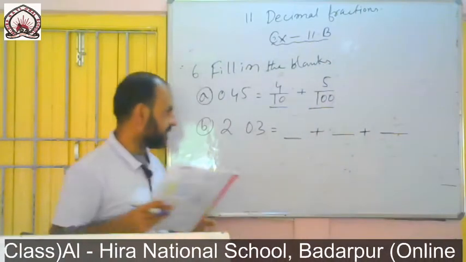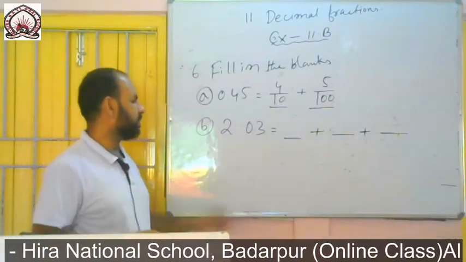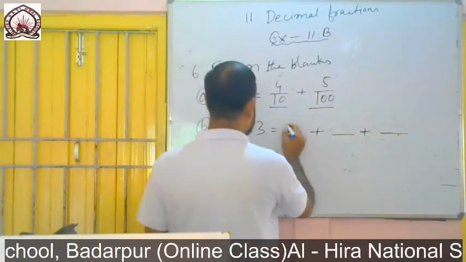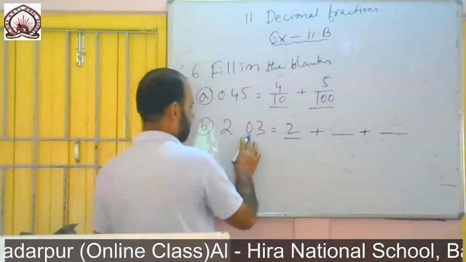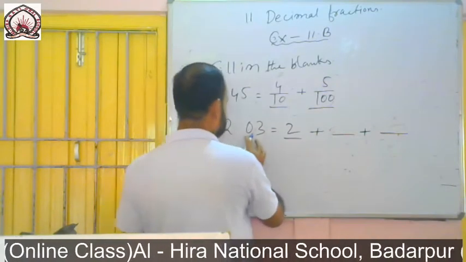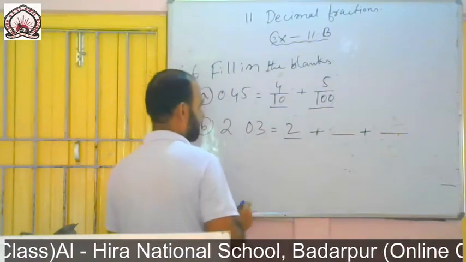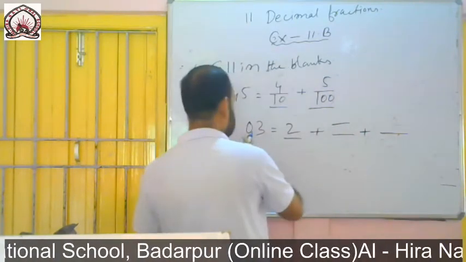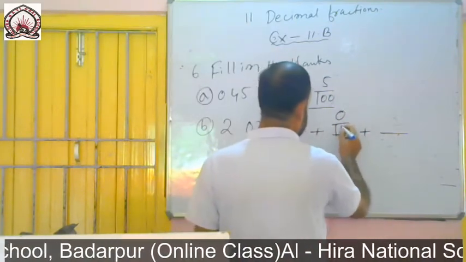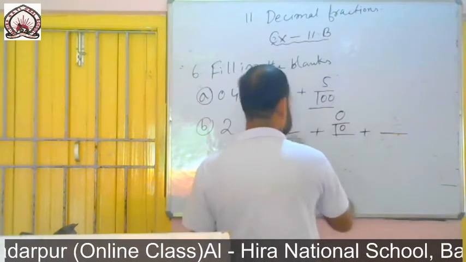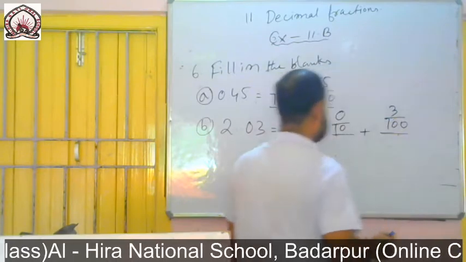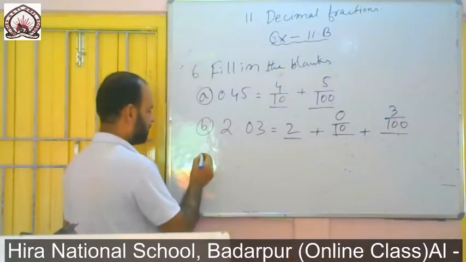So here we get 2. The place value of this 2 is in the 1s place, so we write 2. Next, 0 is in the tenths place, so the place value of this 0 is 0 by 10, and this 3 is in the hundredths place. It is 3 by 100.